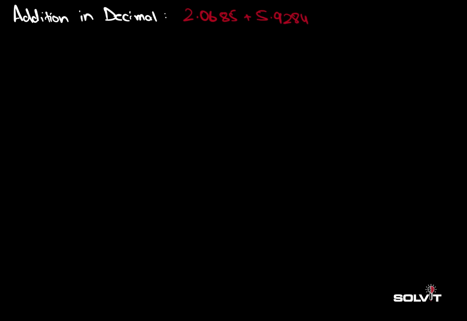So let's add this. The rule is that you need to align the decimals and add. तो यार, align the decimals का क्या मतलब है?